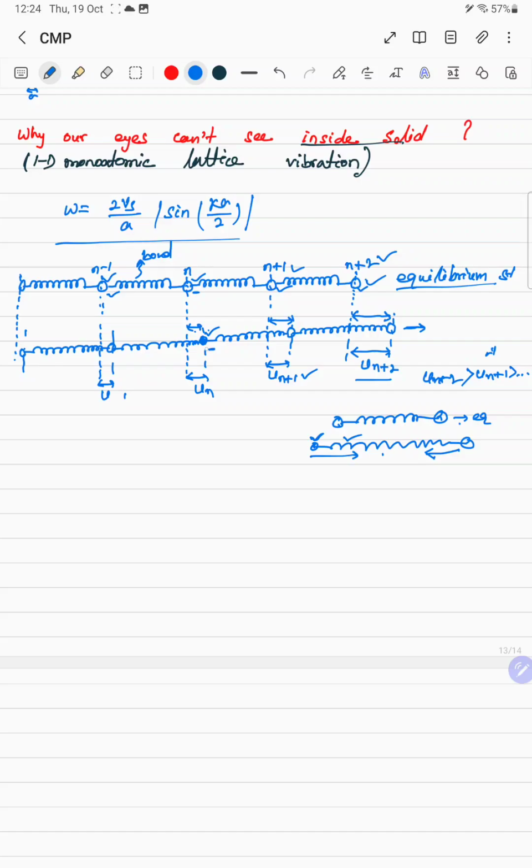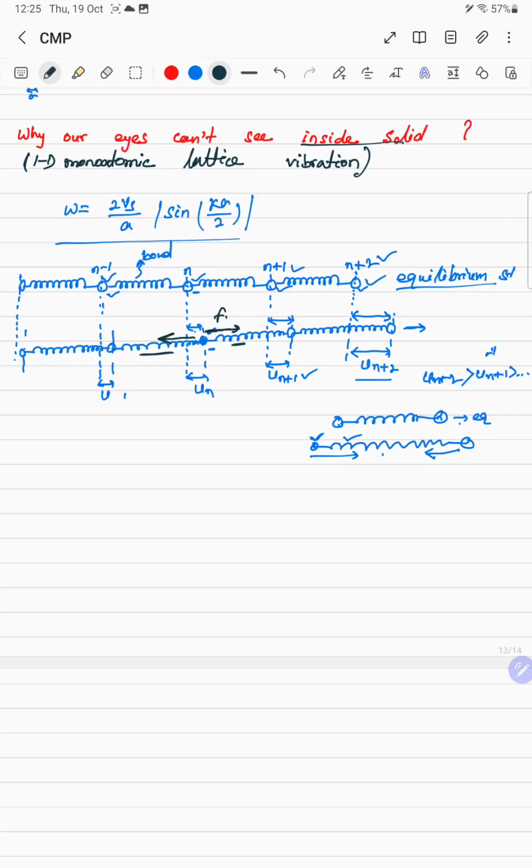Similarly, for this nth atom, this spring will pull the nth atom in this direction, and this spring will pull it in this direction.